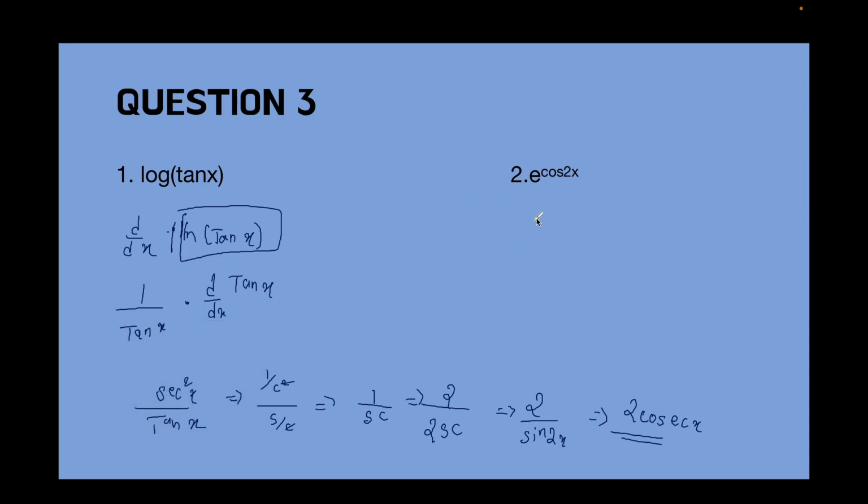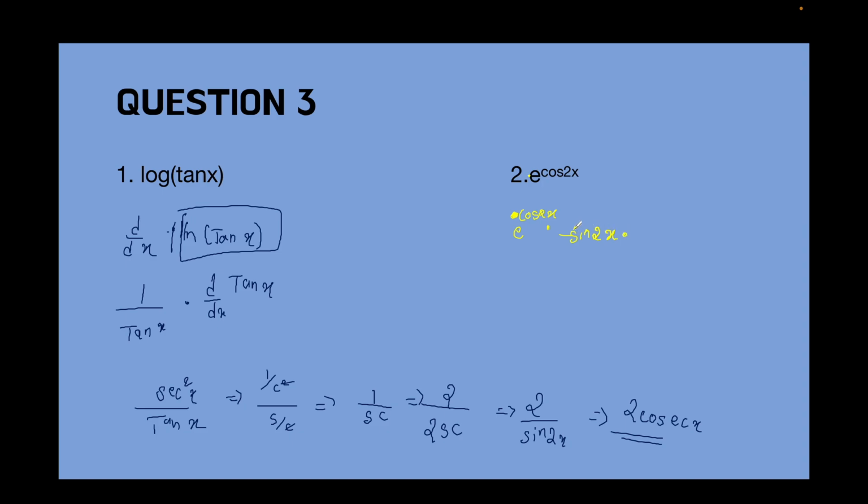We'll do the second question: e power cos of 2x. Start from here. Differentiation of e power x is e power x, keep it like that. So e power cos 2x stays. Now what did you do? You came here, cos 2x. Differentiation of cos is minus sin, and here it is 2x.